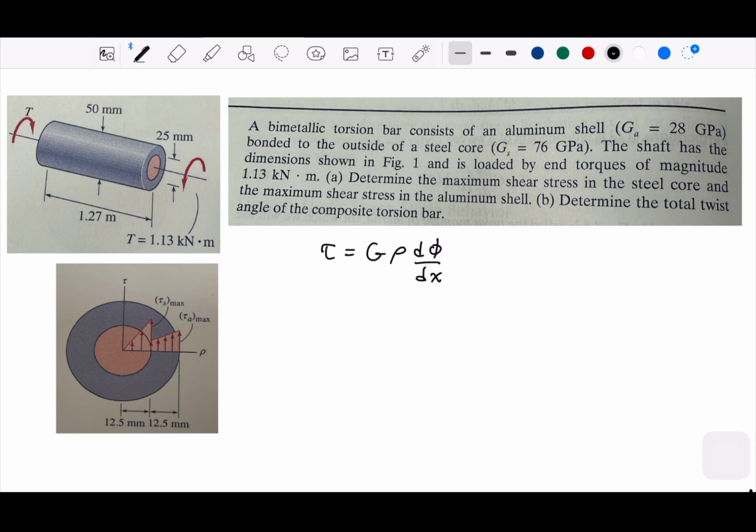But let me write, this is for steel, and this is for aluminum. For steel, the rho is from the center, and for the aluminum, it's in between this distance.